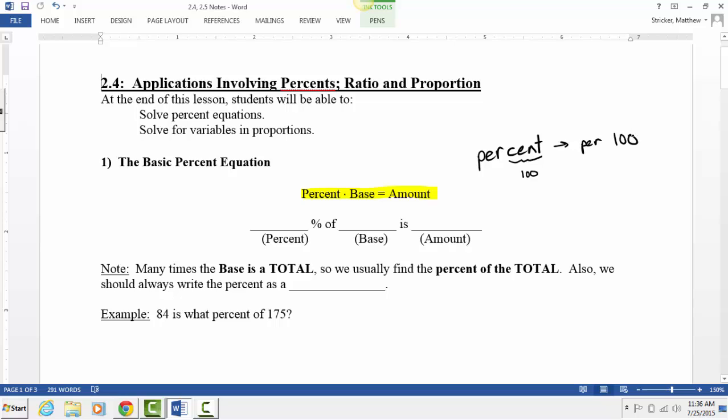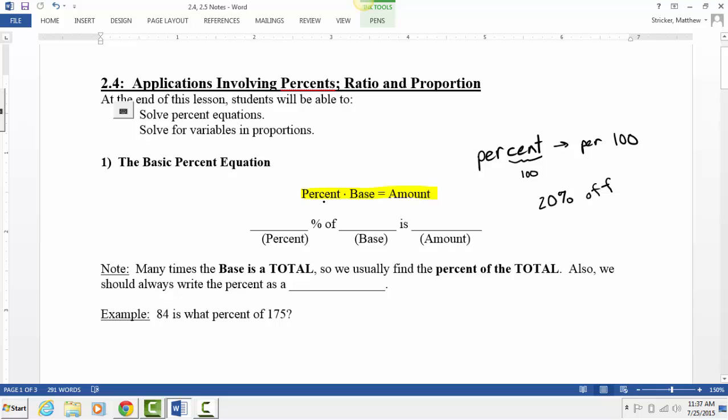So out of every 100 free throws you make, what if you made 70% of your free throws? That means you would make 70 out of every 100 free throws you took. If you got 20% off on a sale at a store, that means for every $100 you spend, you would get $20 off. So percent means per 100.